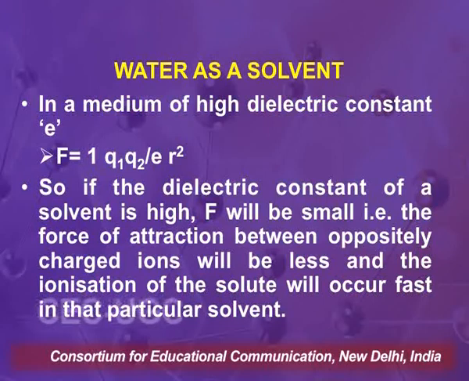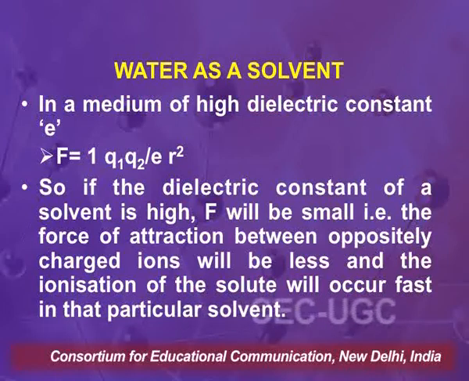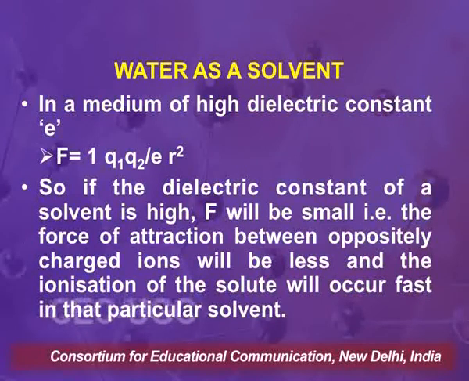So in a medium of a high dielectric constant, F will be equal to Q1 into Q2 upon E into R square, where E is the dielectric constant. Q1 and Q2 are the charges and R is the interionic distance.